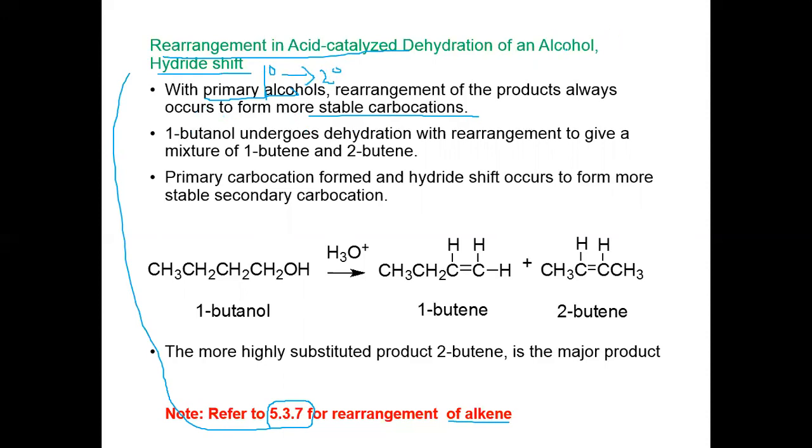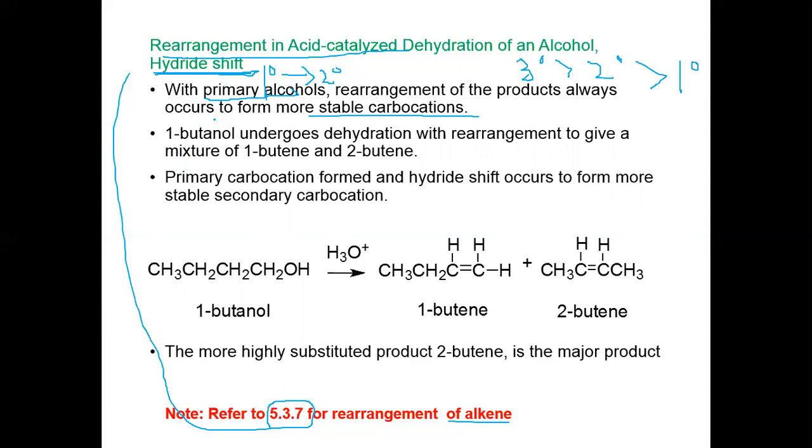Okay, stability of your carbocation is tertiary is more stable compared to your secondary compared to your primary carbocation. So if you have a primary carbocation and if there's a possibility for it to change into a secondary carbocation, so dia akan membuat hydride shift sebab compound secondary carbocation is more stable.